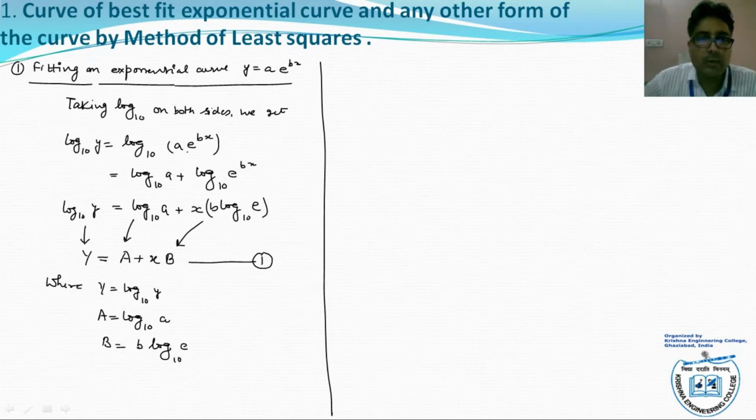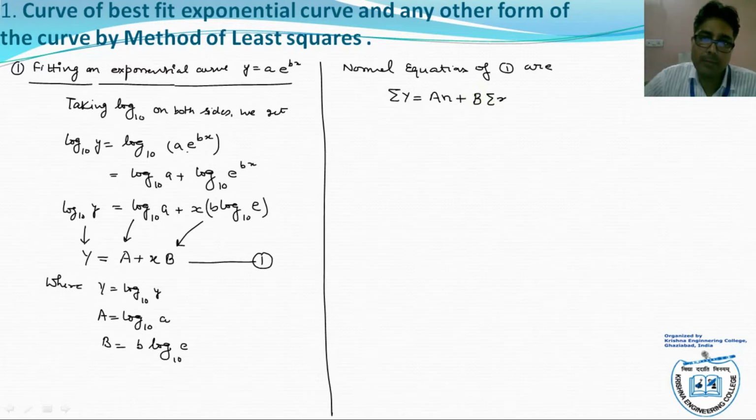The normal equations of the first are: corresponding to constant A is sigma capital Y is equal to A n plus capital B sigma x.